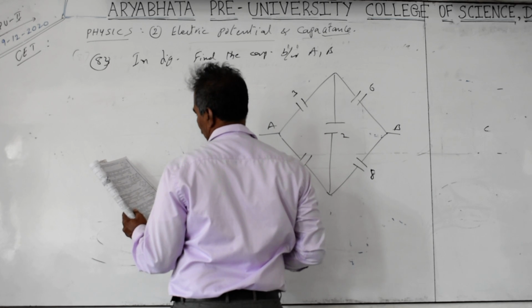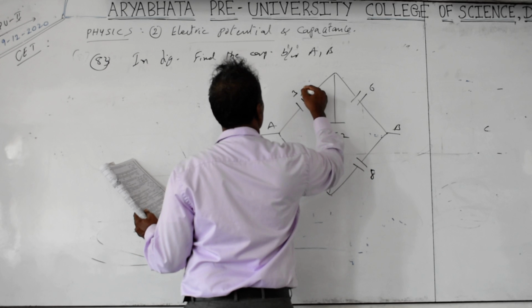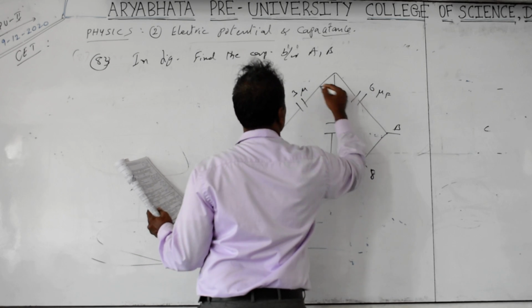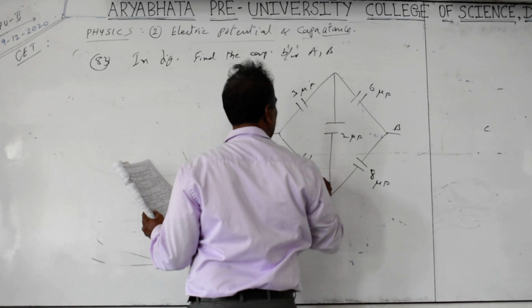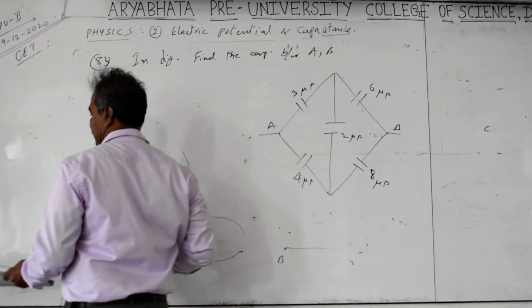You have to find the effective capacitance between A and B. All are in microfarads, though not mentioned. The diagram is missing, so take the units as microfarads. Find capacitance between A and B.